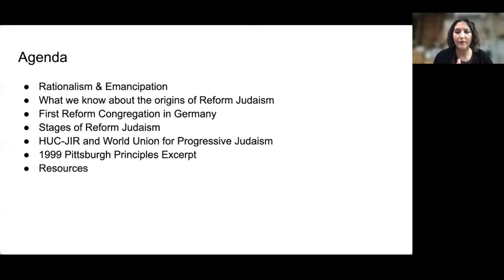Then a little bit about the first Reform congregation in Germany, the stages of Reform Judaism, and then a little bit about HUC and the World Union for Progressive Judaism, and some excerpts from the Pittsburgh Principles from 1999. So that's not the original American platform, which was written in Pittsburgh, and then the most recent principles were also written in Pittsburgh, and then a slide of resources.